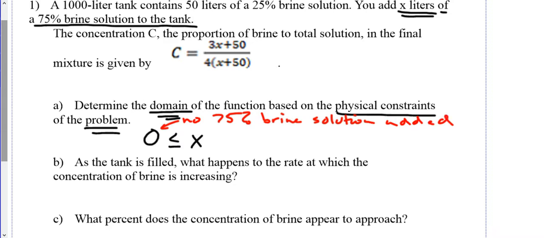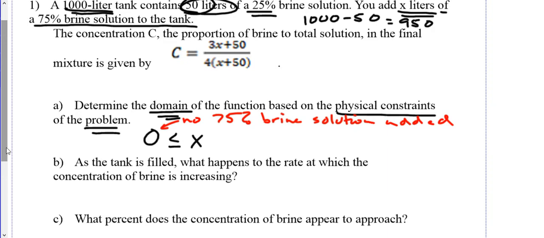Now, the other thing is, how much can you add? Well, we do have physical constraints. It says there is only a 1,000-liter tank, and we already added 50 liters of this 25% solution. So if you take 1,000 minus 50, what you get is 950.